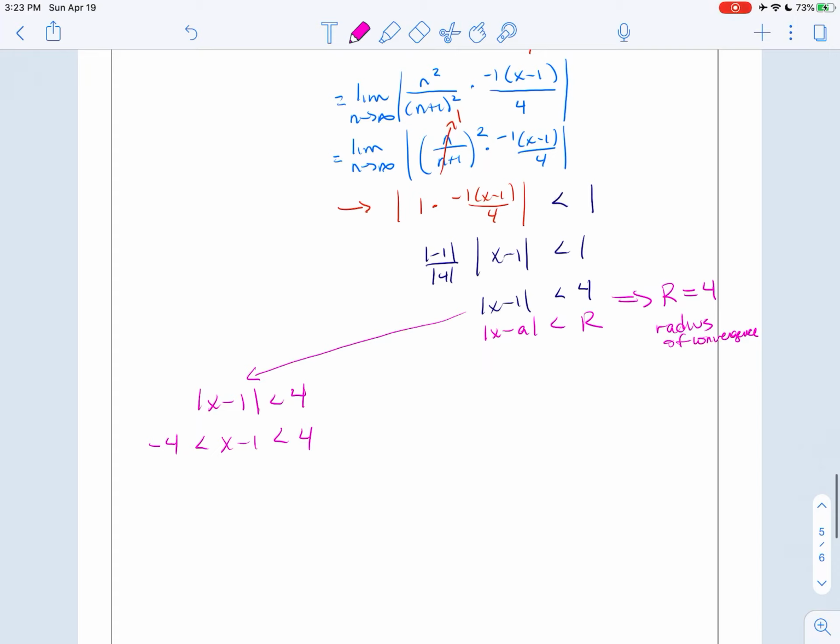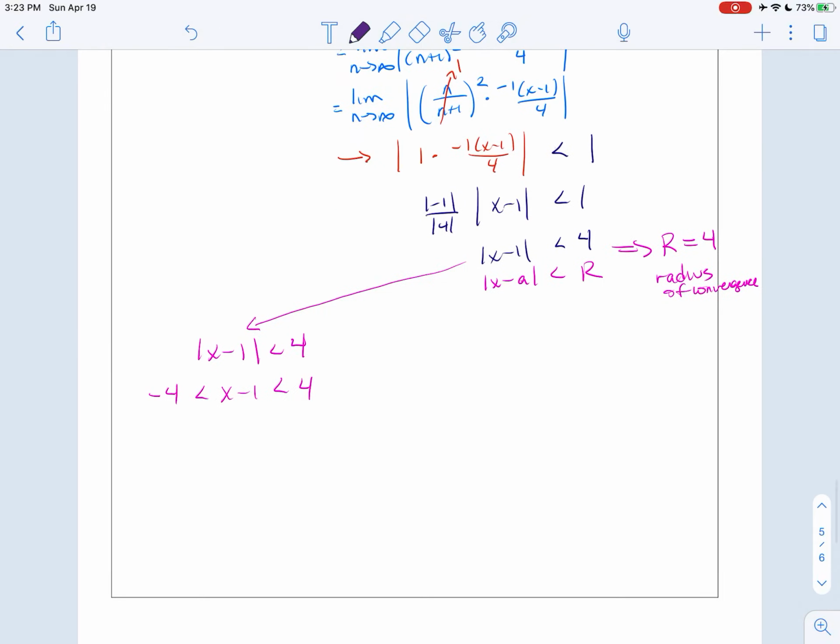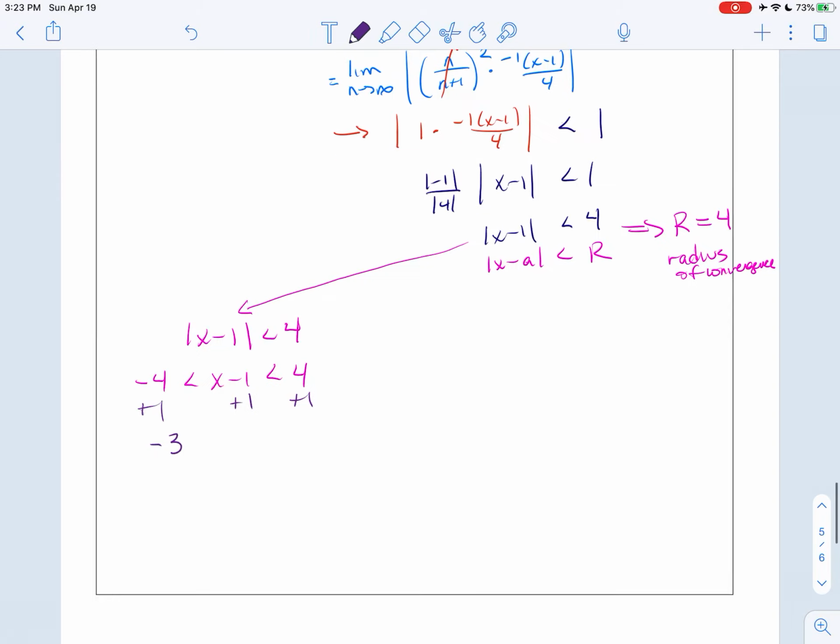That is my initial interval of convergence, but I want to find the range of values of x. So I want to put x as the center of my range, so I'm going to actually solve for x in this compound inequality by adding 1 to all three sides, and I end up with minus 3 less than x less than 5. And this is my initial interval of convergence.